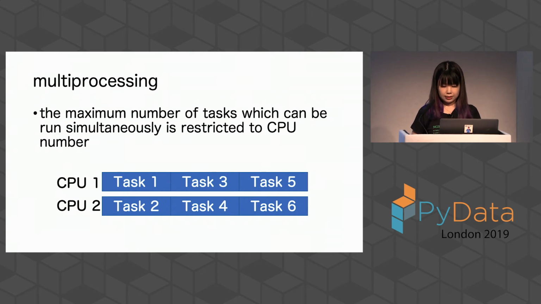So when we run 6 tasks on a machine which has only 2 CPUs, two tasks run at first, and after those tasks finish, other tasks will start. If you'd like to increase the parallelism, you have to increase the number of CPUs of the machine.